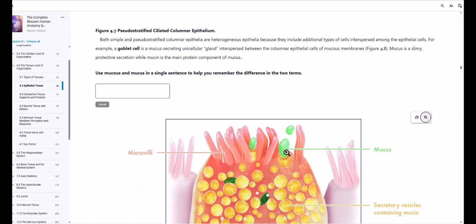So two different spellings, different reasons, right? The mucous membrane is spelled this way, and the actual slimy stuff is mucus, without the O.